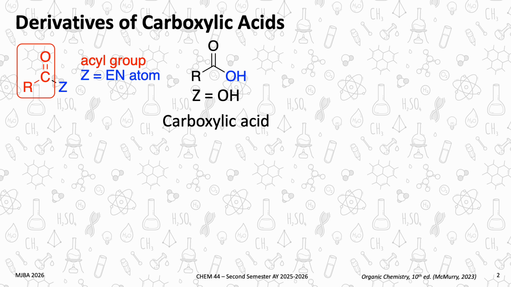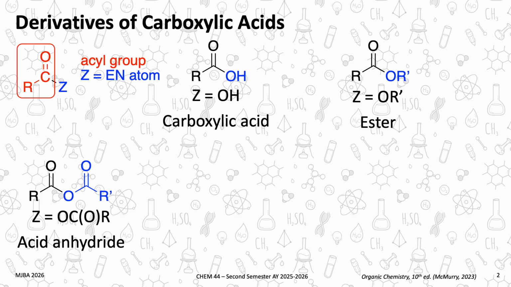So carboxylic acid is the base form, where we have OH as the Z element. And then when we change this, say to an OR, it becomes an ester.